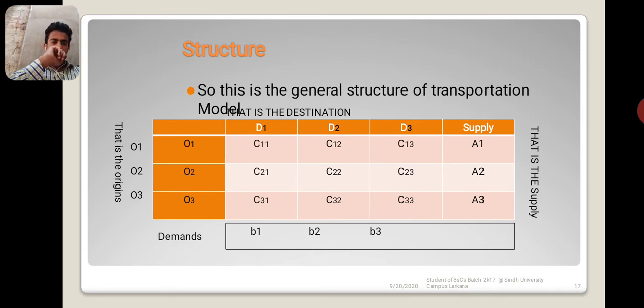One side is the origin, and one side is the supply. The first row is destinations D1, D2, D3, and here is the supply. The costs are C11, C12, C13 with supply A1; C21, C22, C23 with supply A2; C31, C32, C33 with supply A3. Demands are B1, B2, B3.